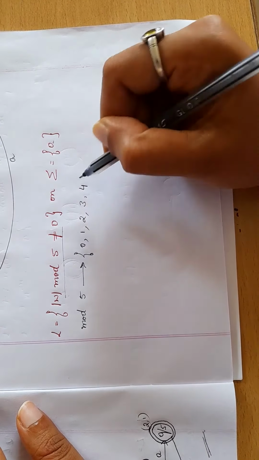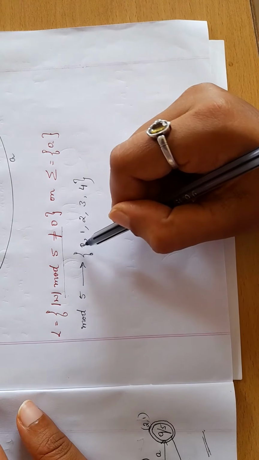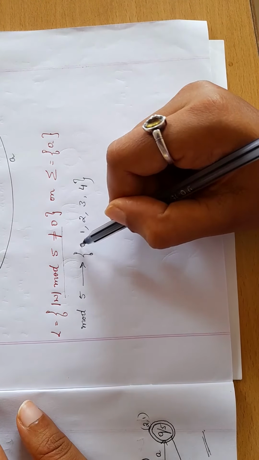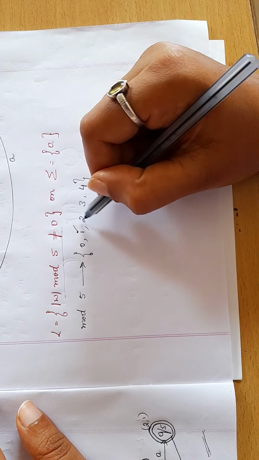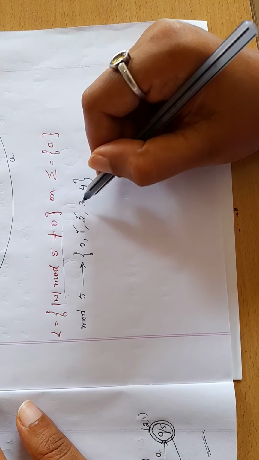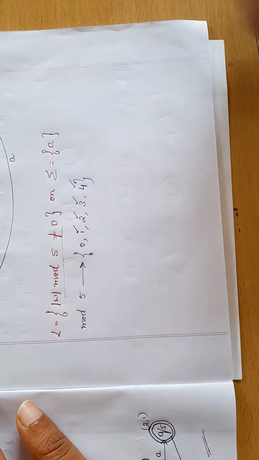They are not comparing this with anything else, so you don't have combinations either. Directly you have to match this one with this. Mod 5 not equal to 0. If mod 5 is equal to 0, this is not accepted. Mod 5 of 1, 2, 3, 4 is not equal to 0, so these are the conditions.